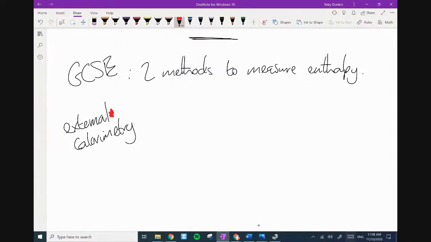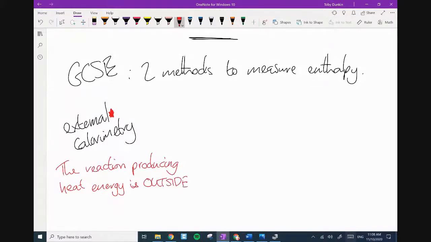External means that the reaction producing heat or absorbing heat energy is outside of the water. I'm just going to put outside the water. This will make more sense when you see the diagram.